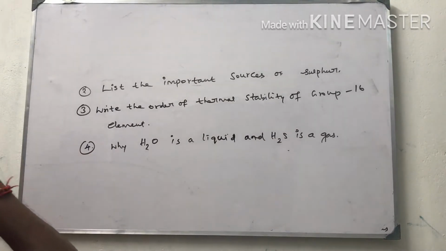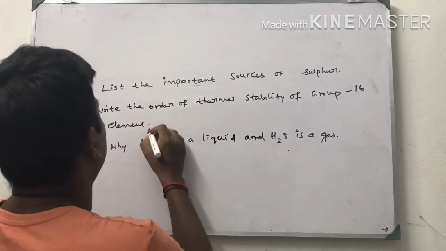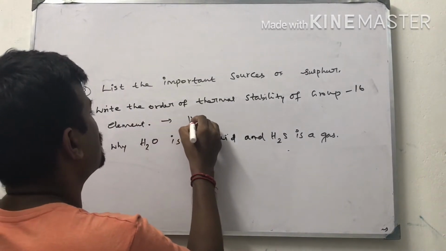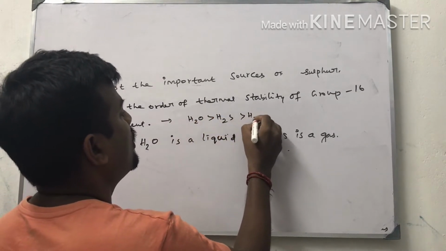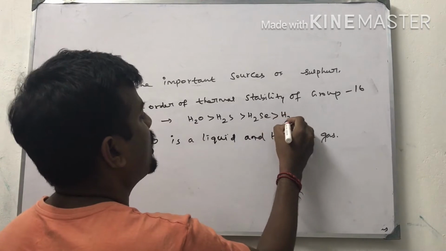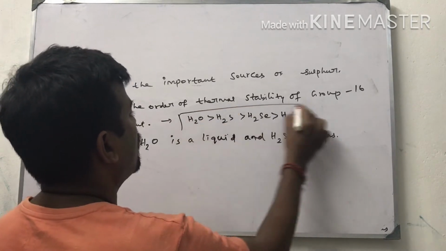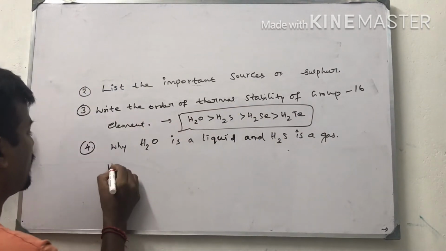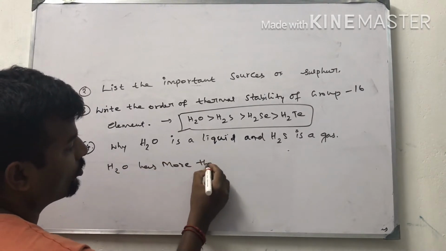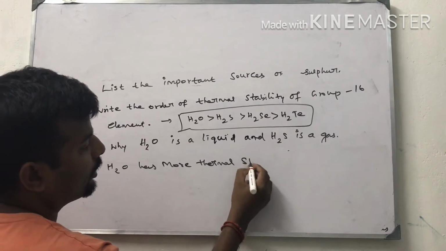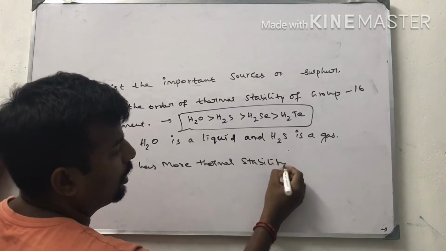Write the order of thermal stability of group 16 hydrides. The order is H2O greater than H2S greater than H2Se greater than H2Te. So, in thermal stability, water is more stable than the remaining compounds.